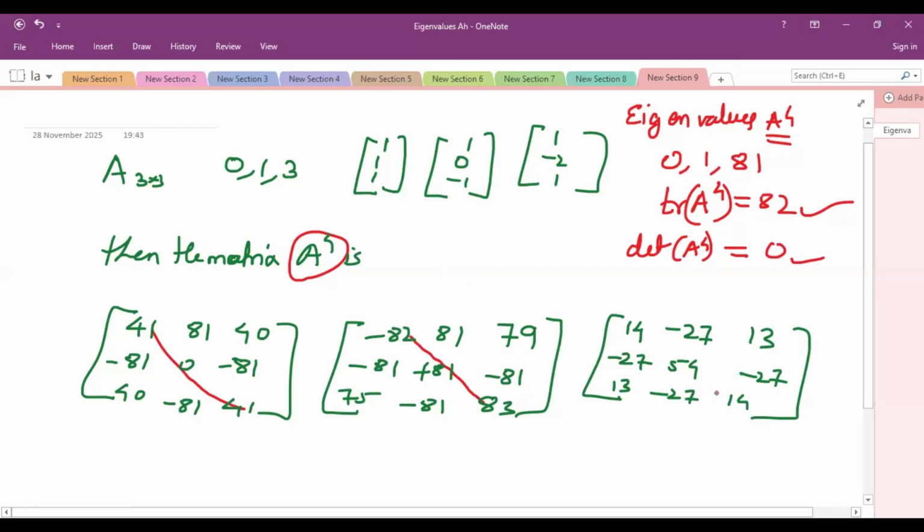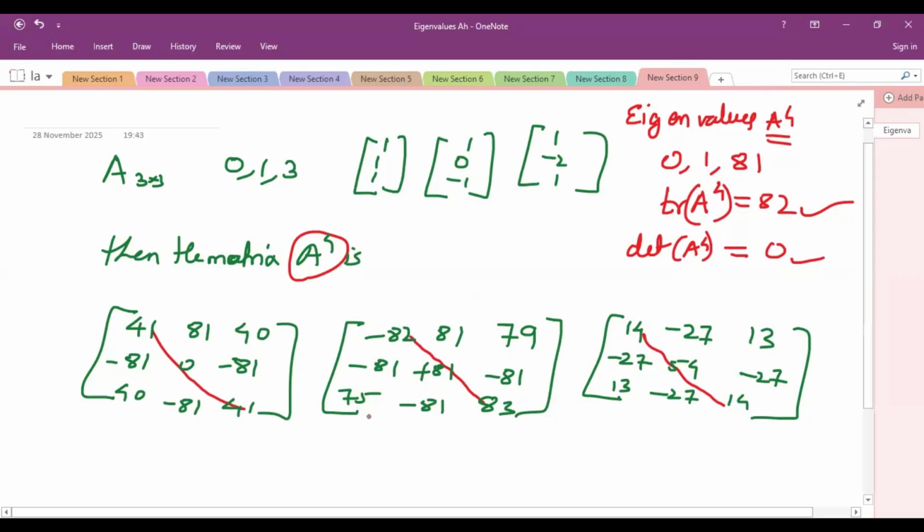And for the third one it is again 82, which means this information is not helping us in finding A raised to 4, because the trace is equal for all three. But this type of logic can help you in ruling out options.